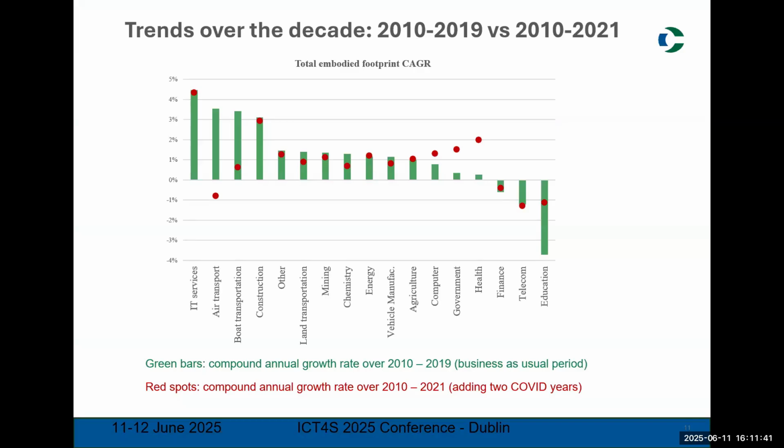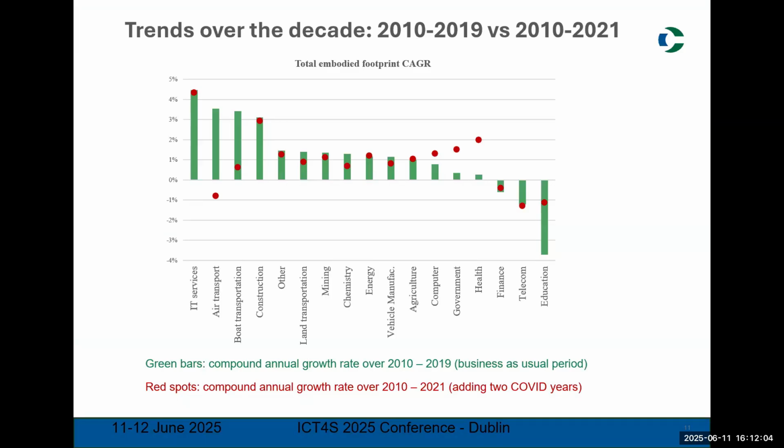We do this for two time periods. First, a business as usual period from 2010 to 2019, as indicated by green bars, and an extended time span until 2021 to look at the COVID effect, as indicated by red dots.